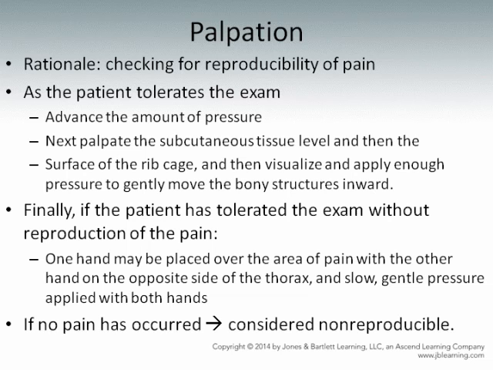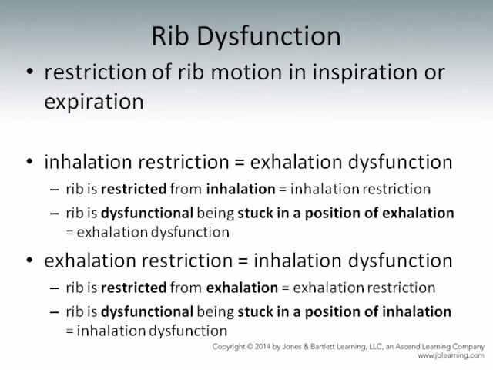Once again, palpation, pain. Rib dysfunction, we talked about the actual sternum changes or configuration, pectus excavatum. What I'm saying is that there are times when you look at respiratory problems and there's restrictive and obstructive disease categories.